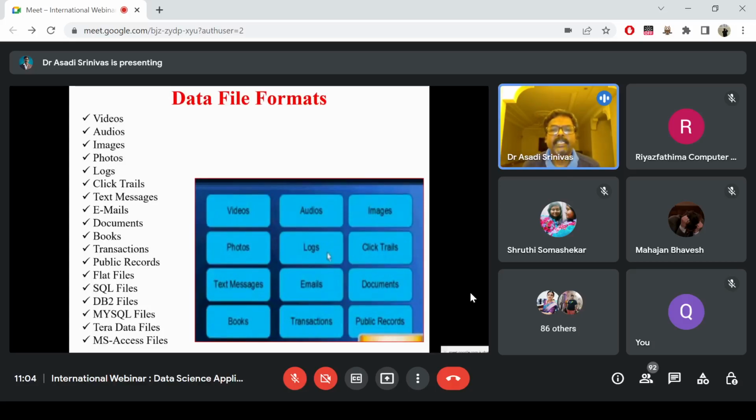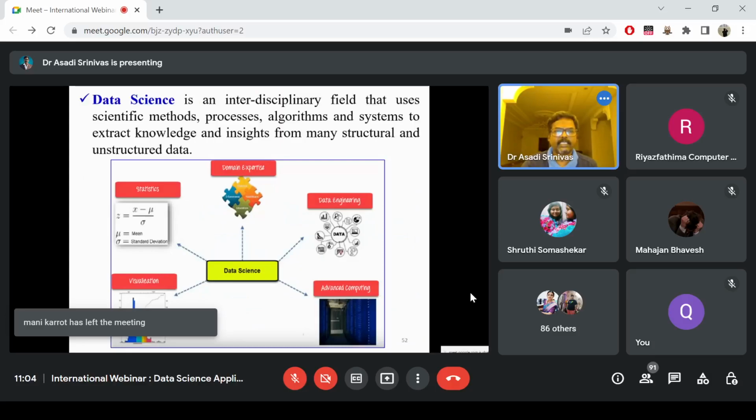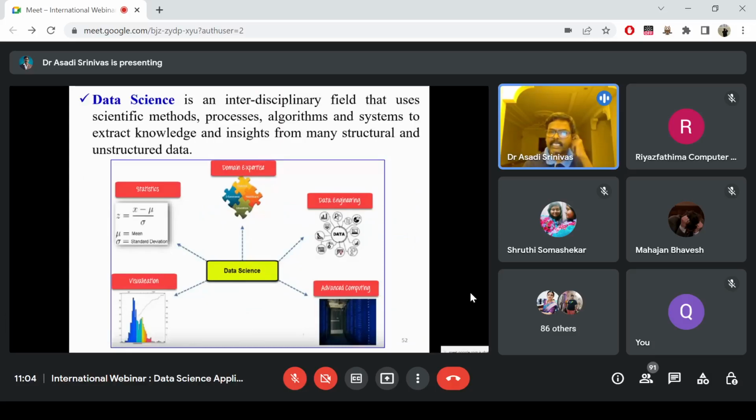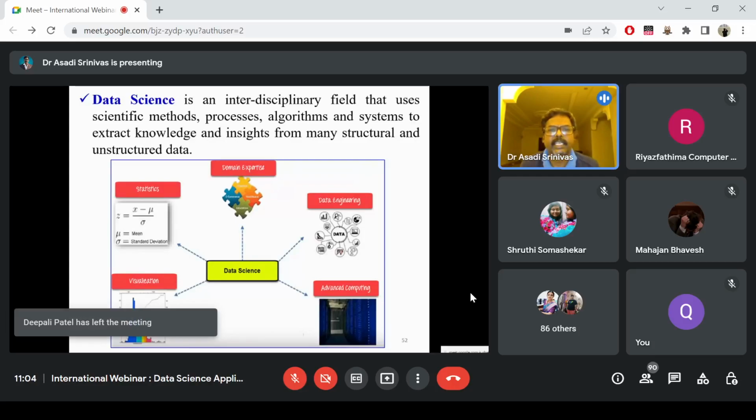That's why data variety is one of the dimensions of big data as well as data science. So data science is an interdisciplinary field that uses various scientific methods and statistical techniques like linear regression, nonlinear regression, logistic regression, and processes, algorithms and systems to extract knowledge and insights from many structured and unstructured data.